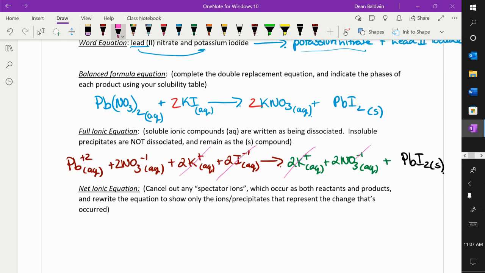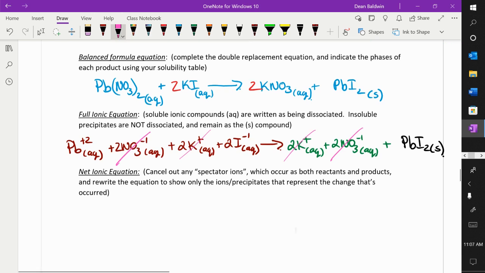The iodines don't cancel. The nitrate and the nitrate cancel. And it's not that you're canceling. When you do the net ionic, you're only writing the two ions that form the precipitate. So in this case, it's just lead 2 plus and 2 iodine.